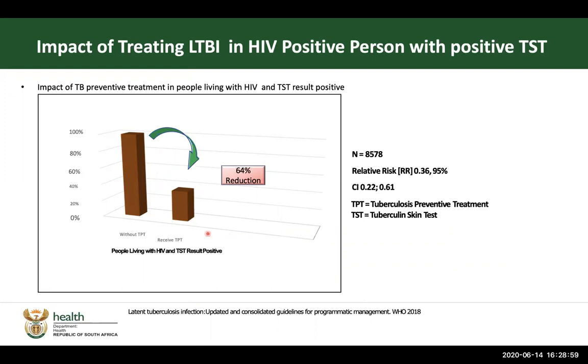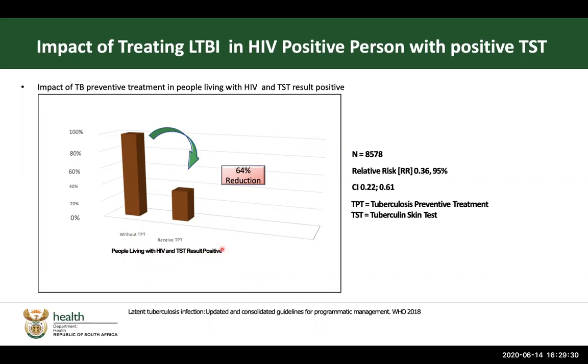In this instance, they looked at what is the evidence and what is the relative risk of developing TB, right? When you give TB preventative therapy to people who are living with HIV and AIDS who have a TST result that is positive. So it means we identified a high risk group.